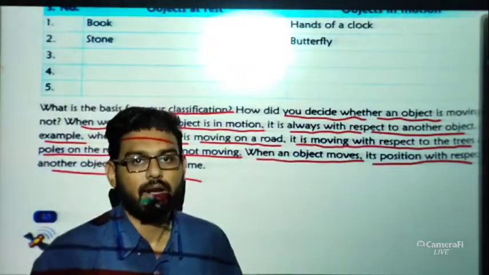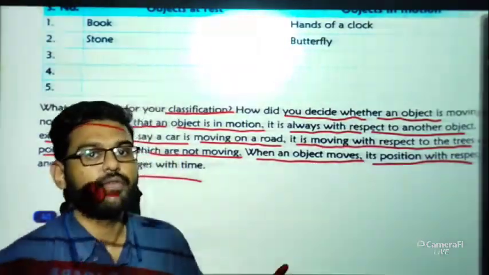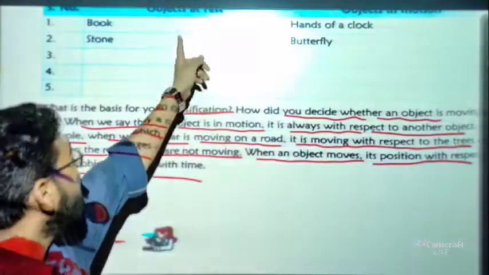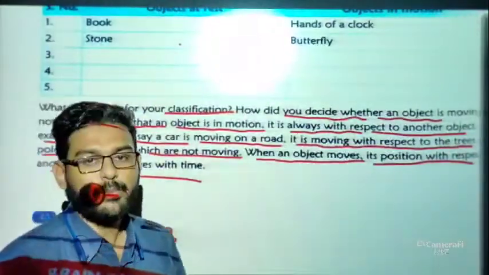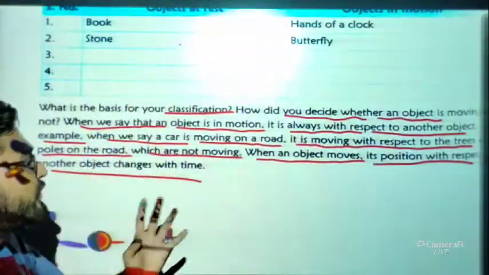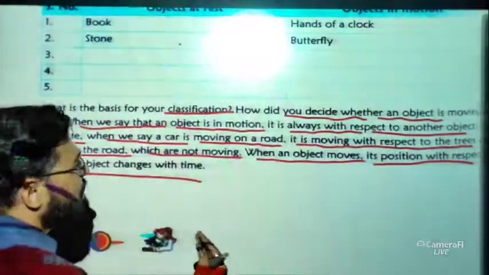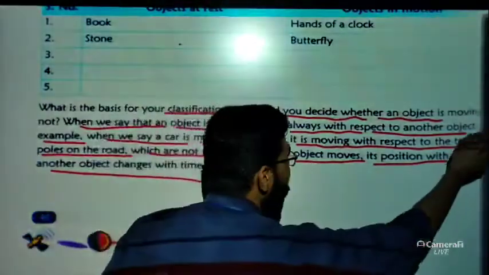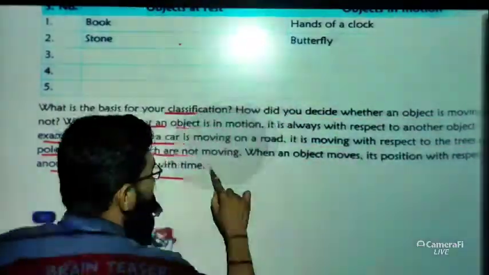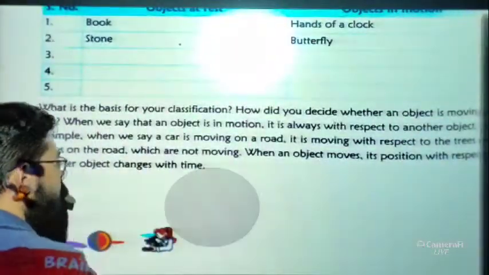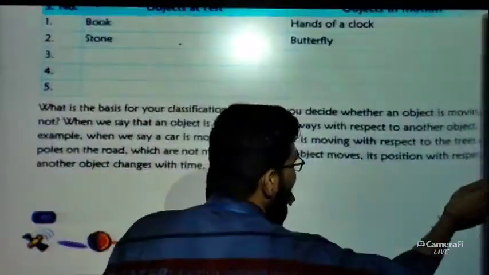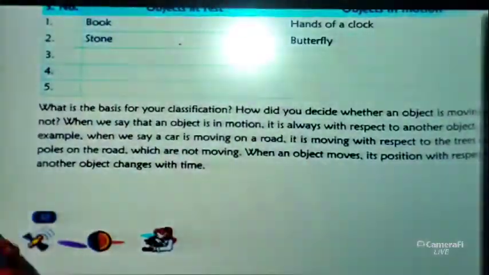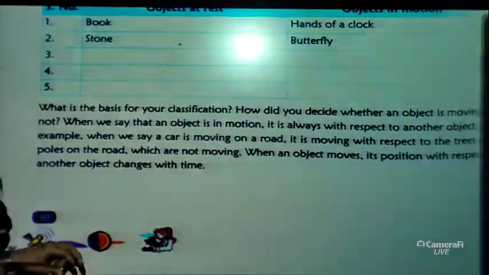That means you are not moving. So according to your friend, you are an object at rest. So it will depend. We need to take a reference frame, or we need to describe it with respect to some other point. This is a very important thing: something that is moving for one person may be at rest with respect to another person.